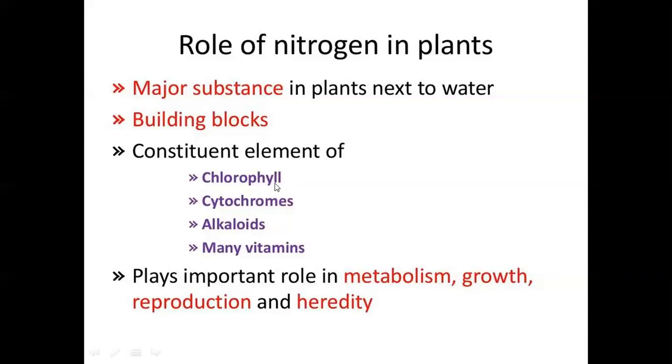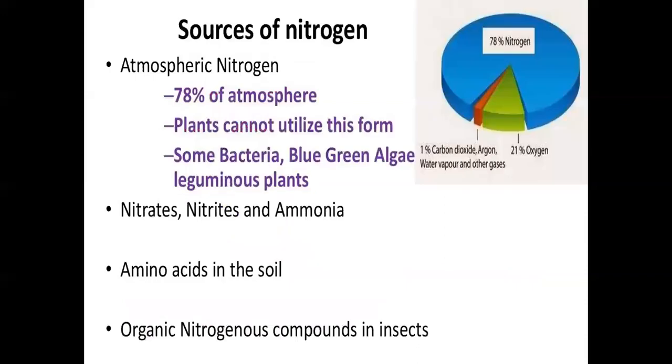Chlorophyll is the green pigment required for photosynthesis. Cytochrome acts like a pump by which the plant absorbs soil water through the roots. And alkaloids are plant phytochemicals, secondary metabolites. They also have commercial value, include many vitamins, and play an important role in metabolism, growth, reproduction, and heredity. So these are the points you can write in your notebook.